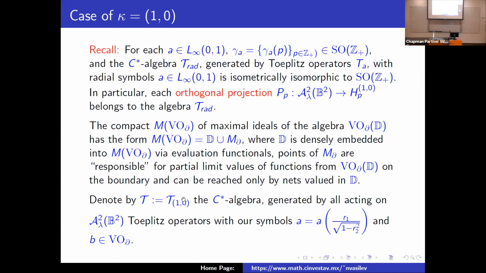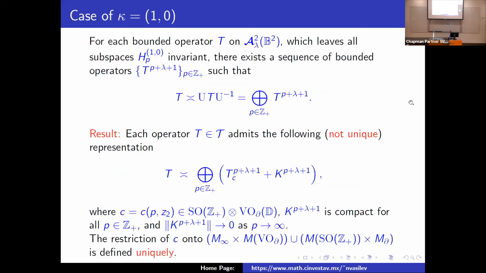So now we consider the algebra generated by this A and this B, Toeplitz operators with such symbols. Again, given any bounded operator T which leaves all the subspaces invariant, there exists a bounded operator such that this Toeplitz operator is unitarily equivalent to the restriction on the invariant subspaces. I will use this strange symbol, like similar, to denote a unitary operator. What is the result here?